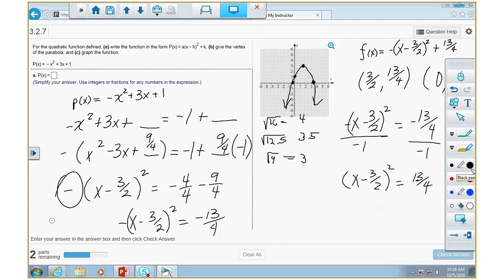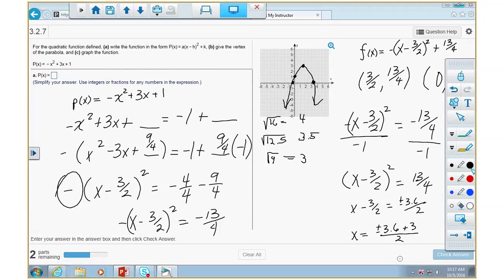All right, so 3.6. So x minus 3 halves is equal to positive or negative 3.6 over 2. And that's going to be x is equal to positive or negative 3.6 plus 3, over 2.